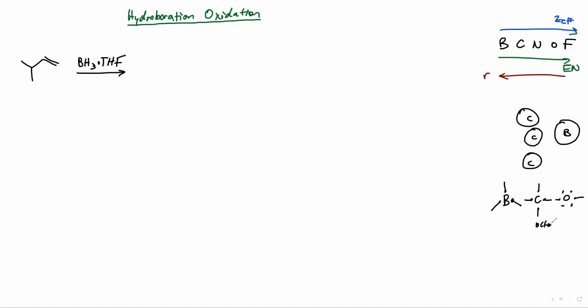So this is octet, this is octet, but this is a sextet. Do you guys remember any other sextet species in this course? I'll remind you, carbocation is a sextet, and sextets in general are very, very electrophilic. So borane, which is pretty much a carbocation, is always going to be an electrophile.